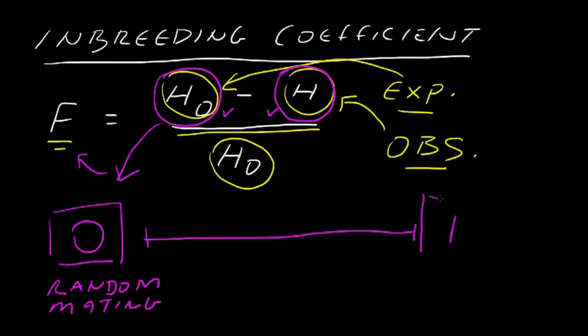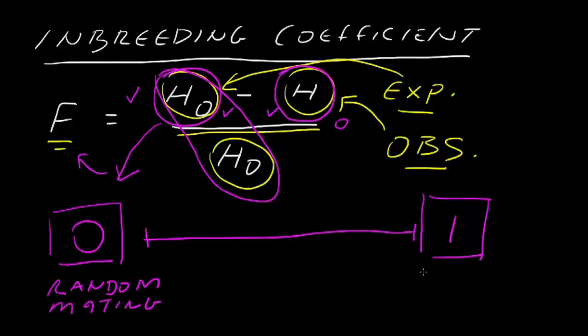Now let's look at the 1 side of things. If we had an F statistic value of 1, we're really expecting quite the opposite. So if we had 50% heterozygotes expected, and in fact very few of those heterozygotes actually observed, let's say we had 0 observed, then we really just have H naught divided by H naught, which of course is a value of 1.